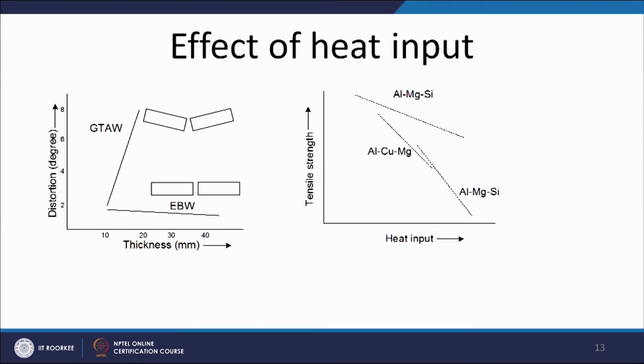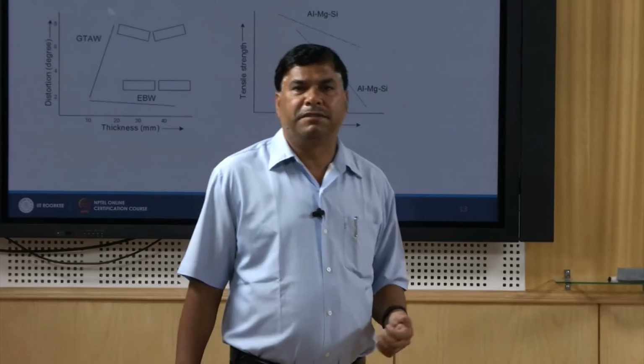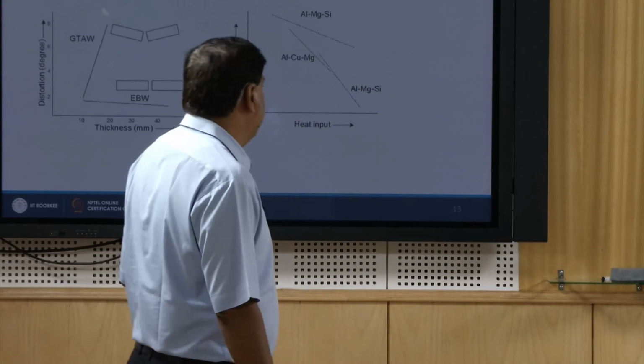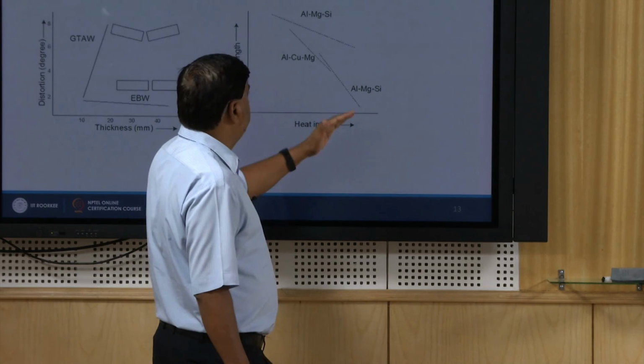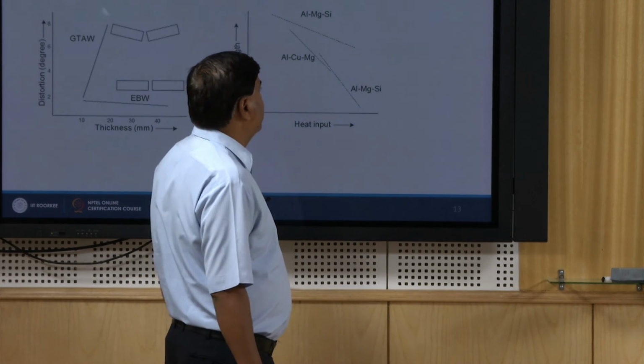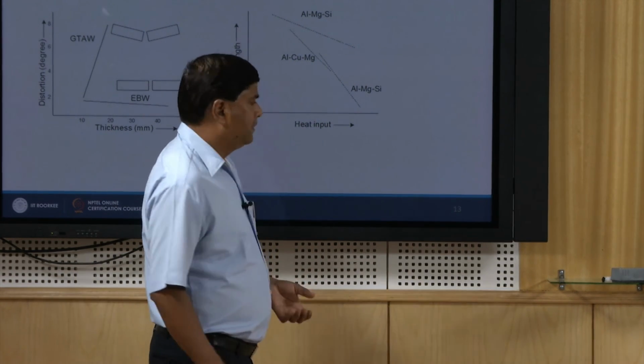Similarly, the heat input also affects the tensile strength of the weld joint, especially in the case of precipitation hardening systems like aluminum alloys. We can see that in general an increase in heat input decreases the strength of the weld joint, and this is because the reversion, dissolution, and coarsening of the precipitates all happen with the increase in heat input, which in turn adversely affects the strength of the weld joints.